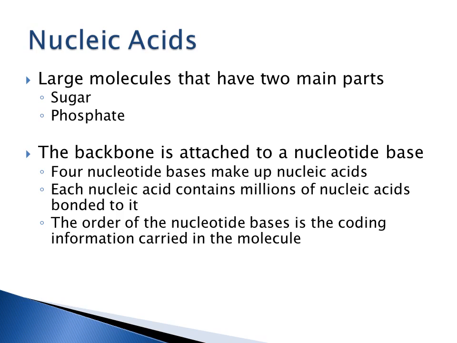There are 4 nucleotide bases that make up nucleic acids. Each nucleic acid contains millions of nucleotides that are bonded to it, and the order of these nucleotide bases is the information that the cell needs to carry out specific functions, and that's going to become more clear in the next 2 lectures.